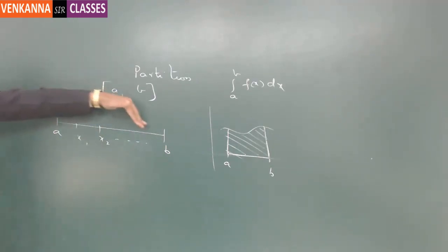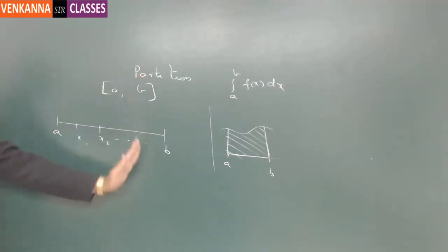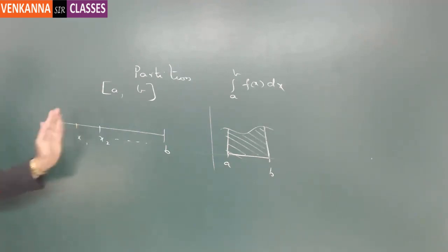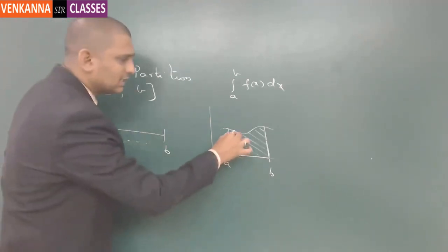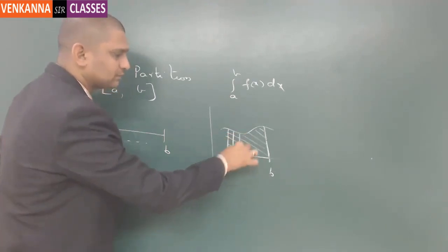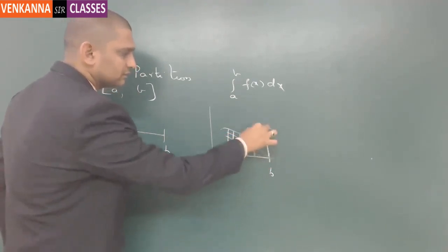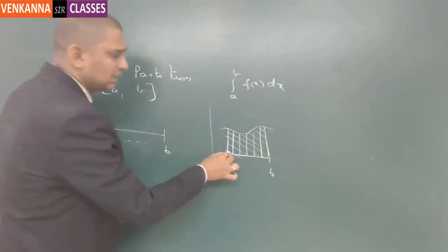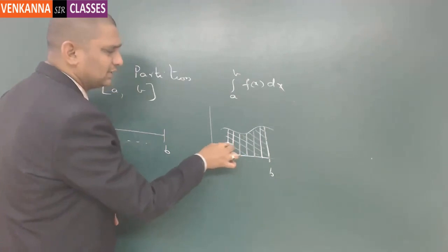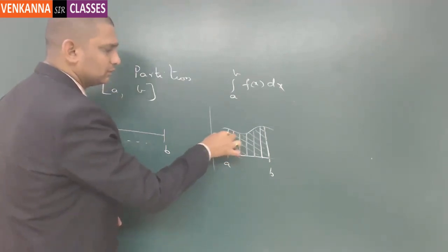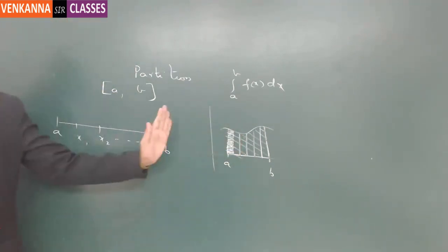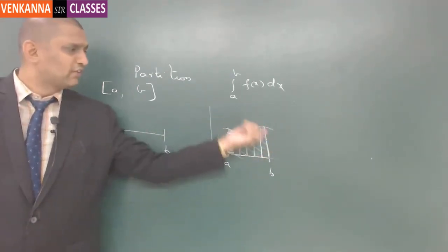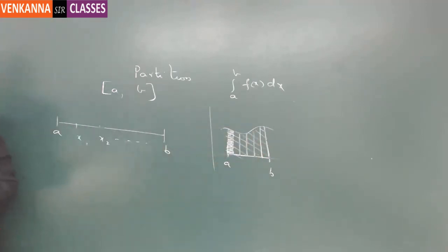In other words, you are bifurcating this interval, usually into equal intervals, taking segments like this. If you calculate the area of each segment and sum up all these segments, will it give the area of the required function?